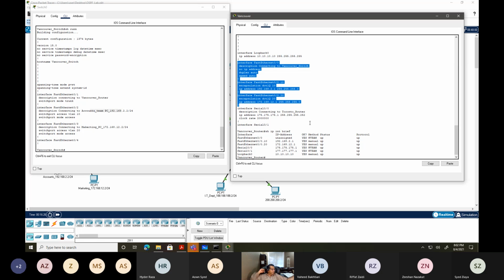Is a default gateway defined here for it? You have to define it on the left side as well. Exactly. Let's suppose I configure it on the left side. Do we have anything here for VLAN 30?